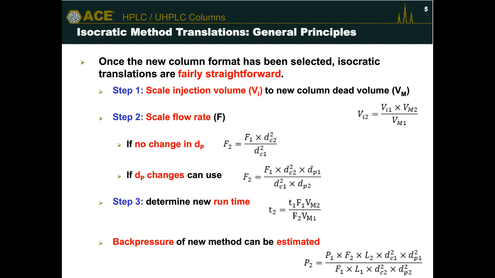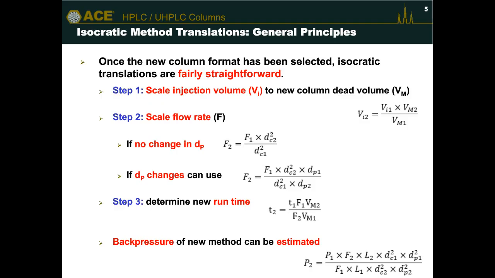We can work out the new runtime for our method using this equation here, and we can also estimate the back pressure of a new method. So this will really help you see whether your instrumentation is actually capable of running that column with that particle size at that specific flow rate.